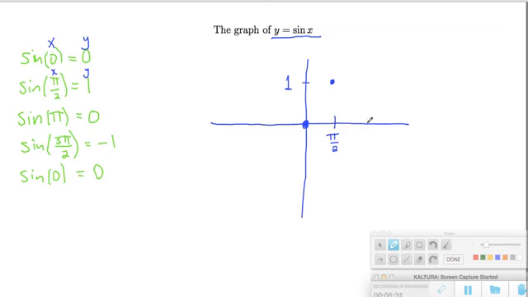Now when we're at pi, we are actually back to 0. We'll also graph 3 pi over 2, and then we'll stop at 2 pi. So when we're at 3 pi over 2, the point actually drops down to -1.